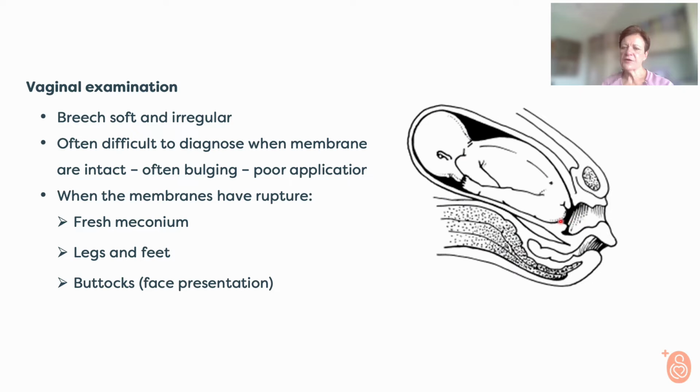Often because this fetal buttocks part is very irregular and doesn't fit very well on the cervix, the membranes bulge, and that makes it very difficult to diagnose a breech presentation, because all that you feel is one big bubble of liquor. Then when the membranes rupture, you can easily feel the soft, irregular parts.